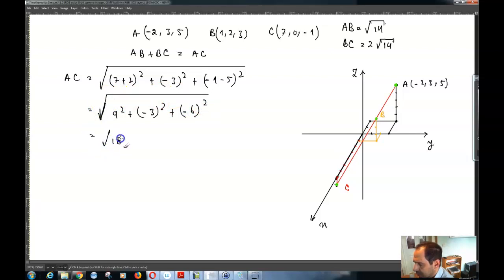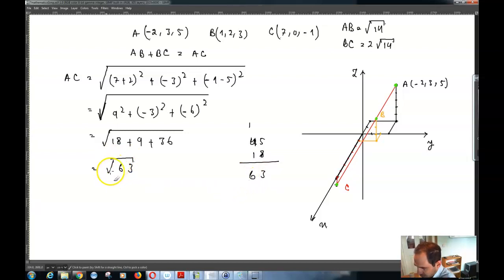The square root of 18 plus 9 plus 36 gives 63, the square root of 63.